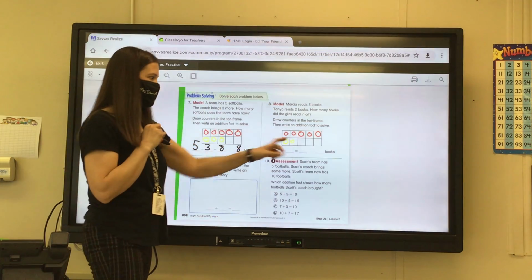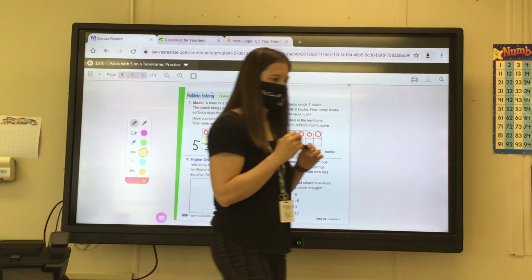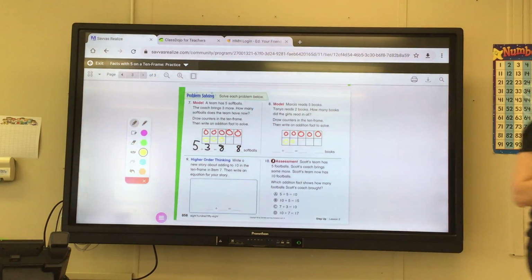And then make your addition equation to find out how many books they read in all. Go ahead and do that one on your own. So you're going to take the 5 books that Marcia read plus the 2 books that Tanya read to find out how many they read in all. Fill in your equation and then don't forget to write it again next to the word books.